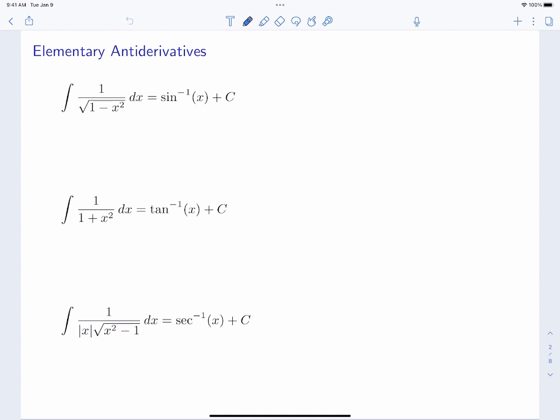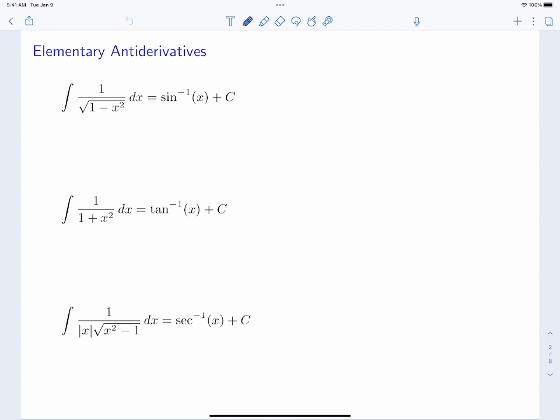These are all antiderivatives that we know because we know derivative rules. So for example, we know that the antiderivative of 1 over the square root of 1 minus x squared with respect to x is the inverse sine of x plus a constant.